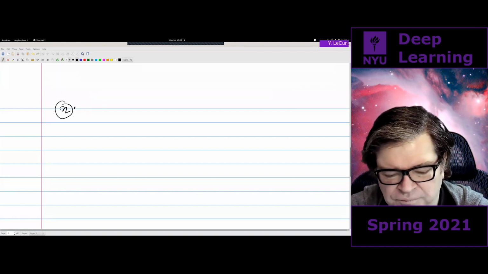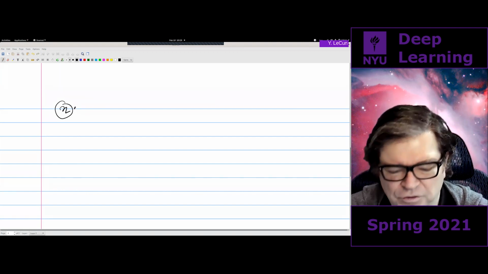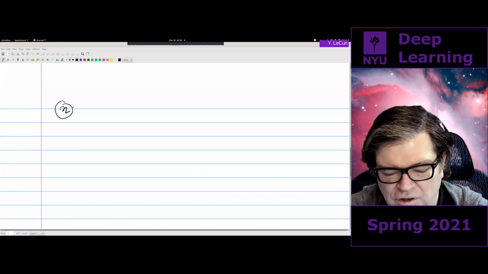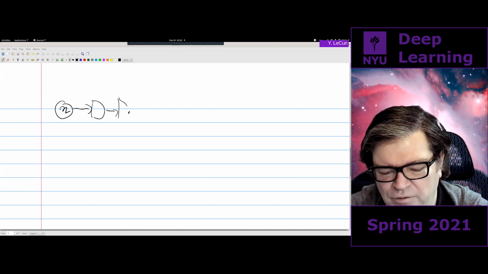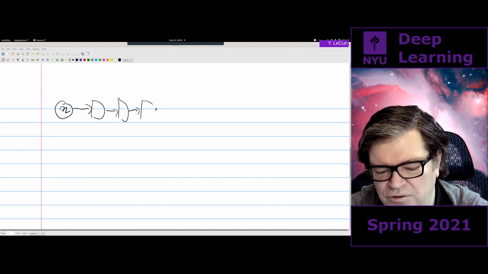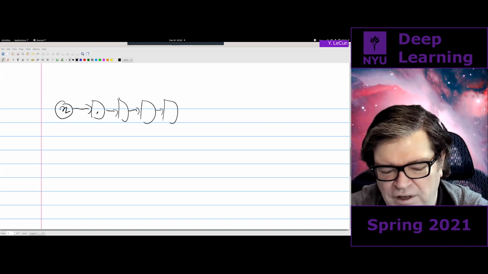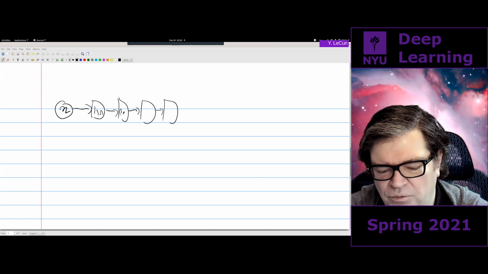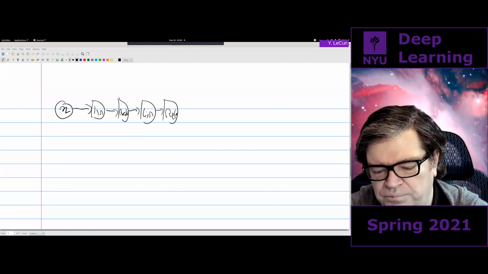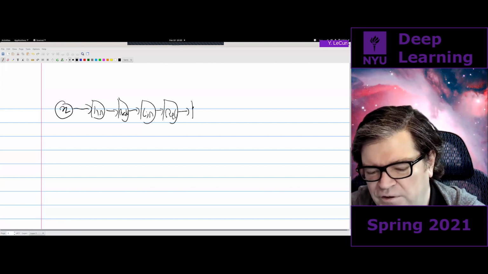Think of it as a multi-dimensional array of some kind, but we're going to think of it as a vector. Then we'll have multiple layers of modules, whatever they are. I'm not going to specify here. It doesn't matter. In a standard neural net, again, they're going to be linear modules and ReLU modules, the last one being a linear, not a ReLU.